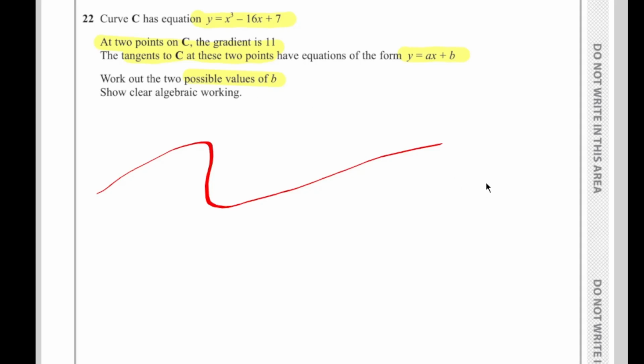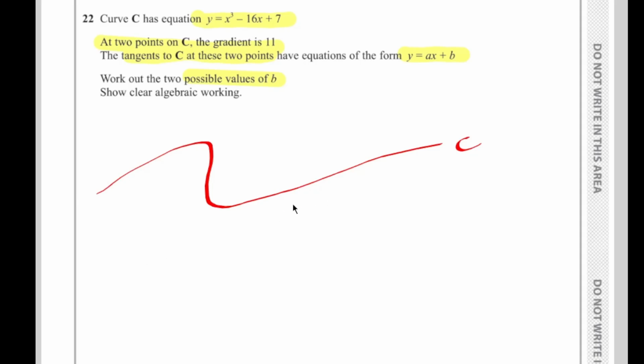On this cubic curve C, at 2 points on C, the gradient is 11. The tangents to C at these 2 points have equation. So there are 2 points. Once we draw two tangents to these 2 points, their gradients are the same. So let's draw these two tangents.